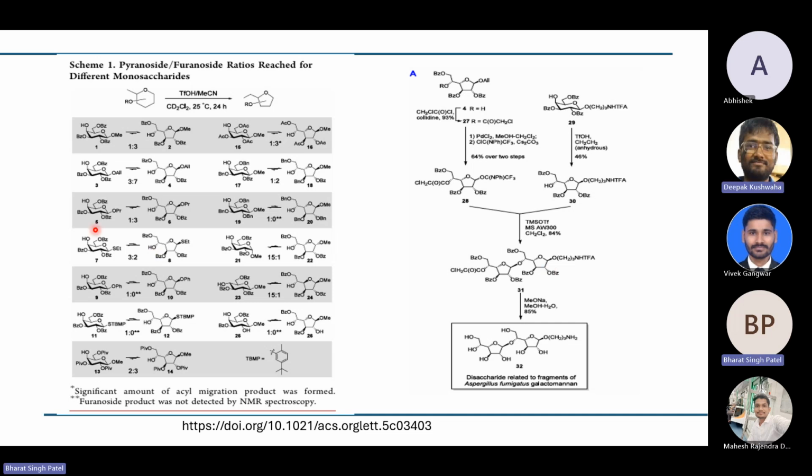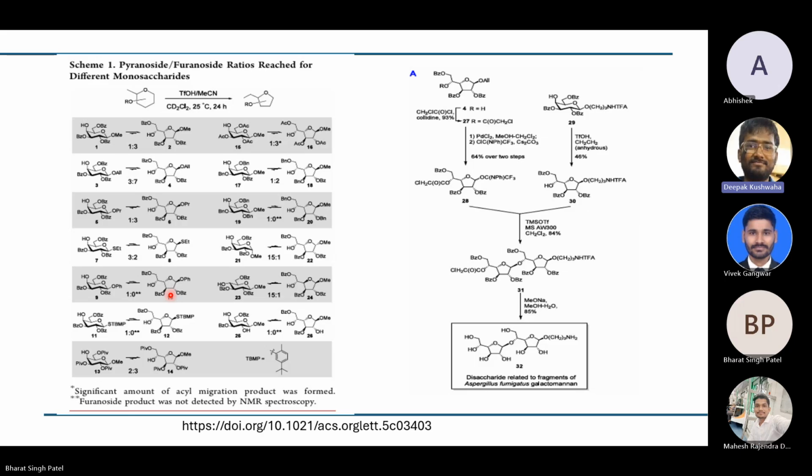But even if you go with the thioglycoside, they were not able to get this furanoside with the O-phenyl or the TBMP. It works only with the O-glycosides: O-methyl, O-allyl, or isopropyl. It means that an O-glycoside should be there. Even with the O-phenyl glycoside, they did not get even a little product. There is no conversion at all.